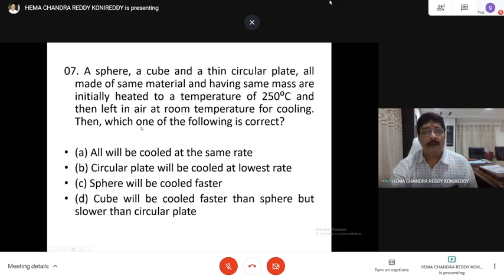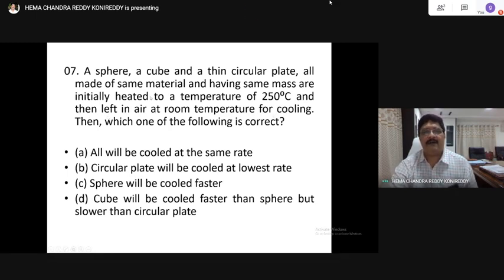So, initially all three of them are heated to 250 degrees centigrade and left at room temperature for cooling. It is all about which one gets cooled first. What is heat transfer rate?